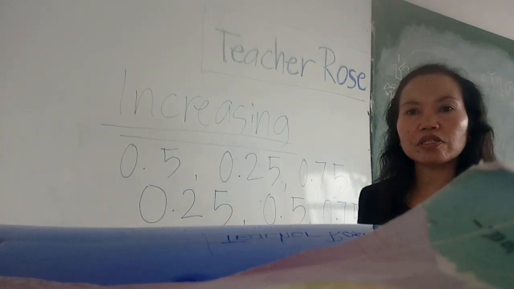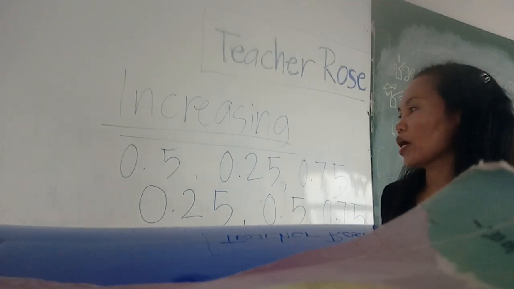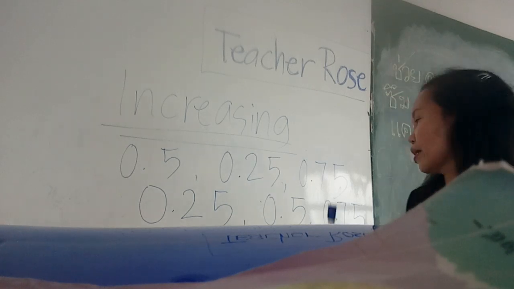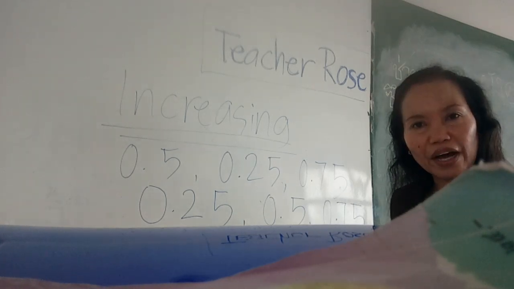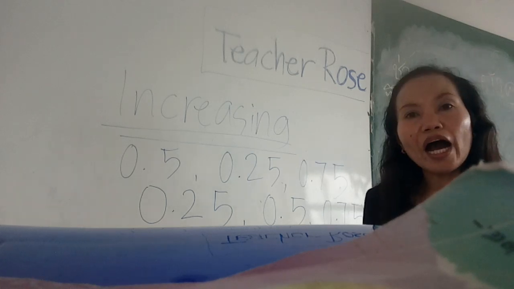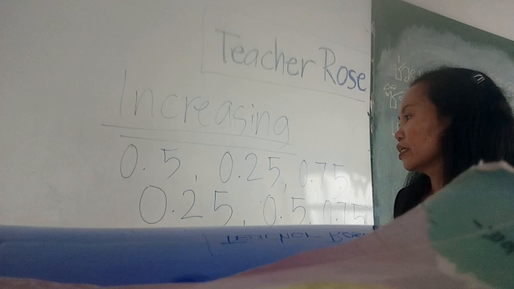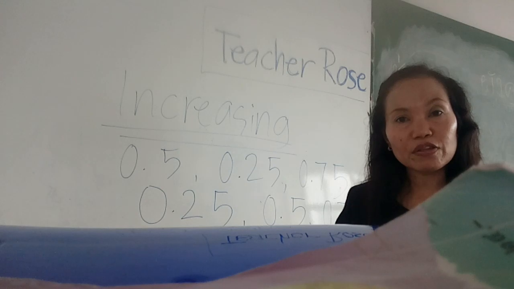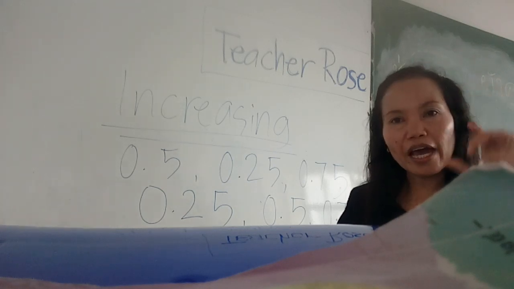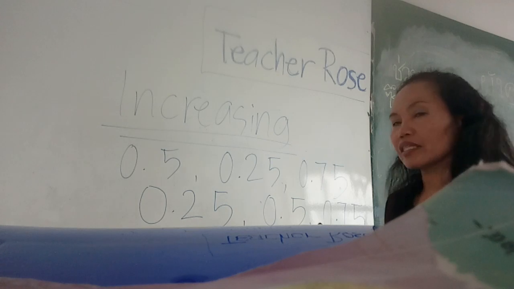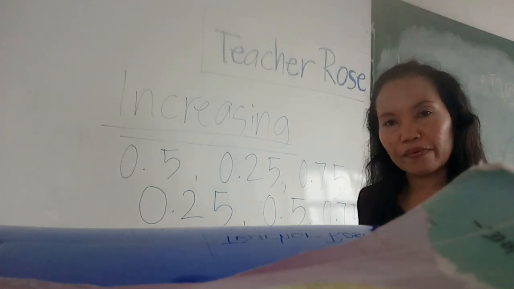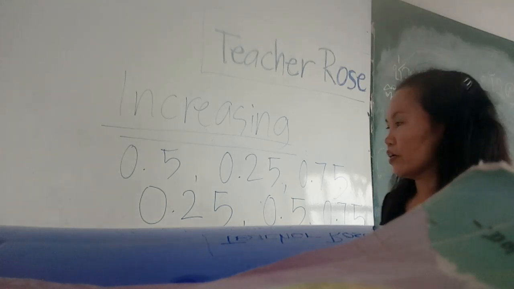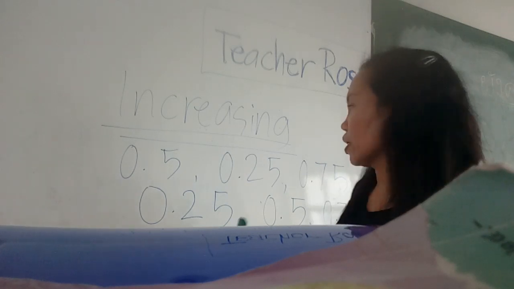When we arrange them in increasing order, it will become 0.25, 0.5 and 0.75. Okay. Why? Because out of these 3 decimal numbers, 0.25 is the smallest, and then next is 0.5, and next is 0.75. Okay, that is increasing order.